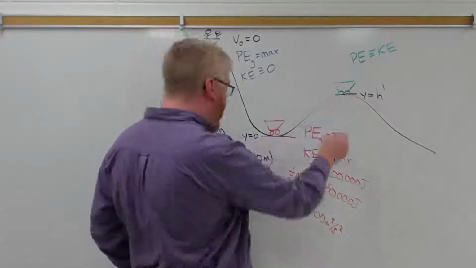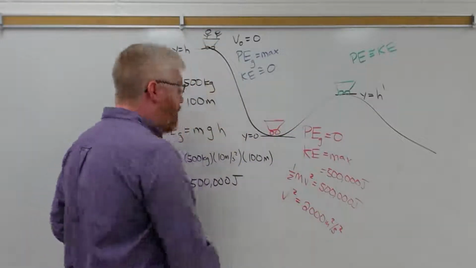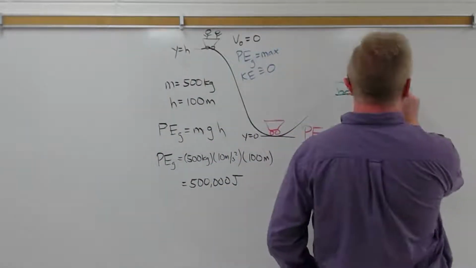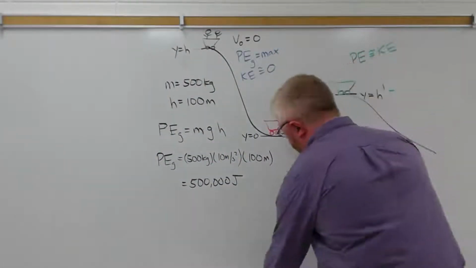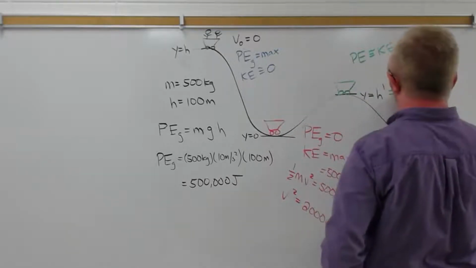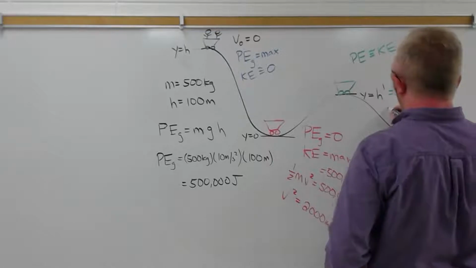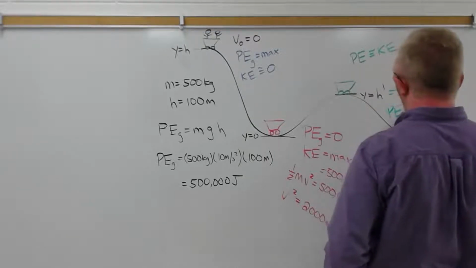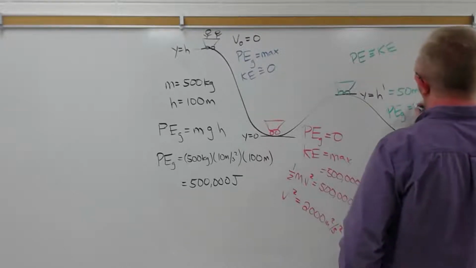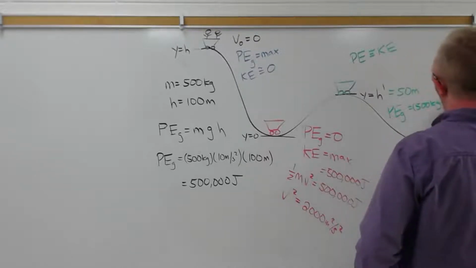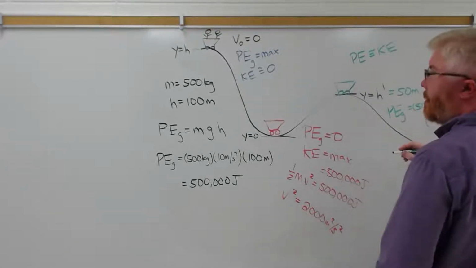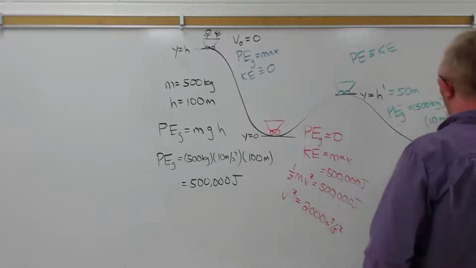Now the cart over here, let's say the height is halfway. Let's say the height is 50 meters. So h prime is 50 meters. So the gravitational potential energy is 500 kilograms times 50 meters times about 10 meters per second squared.